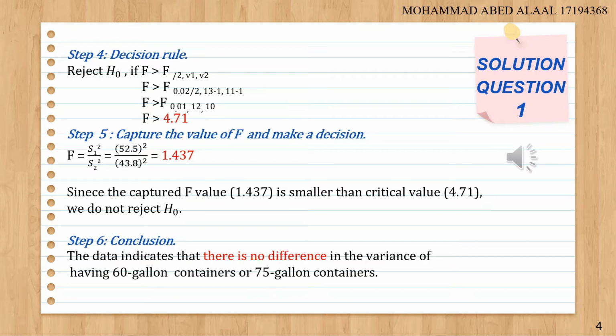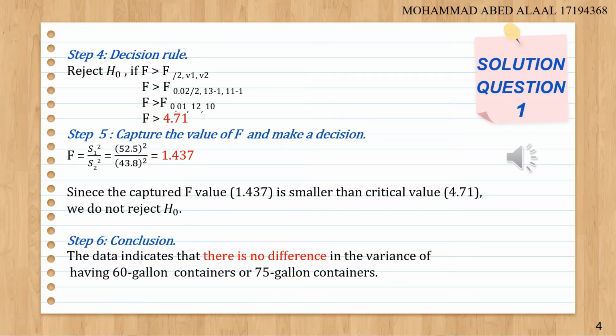Next step, calculating the value of F and making a decision. F equals S sub 1 squared over S sub 2 squared, which is 52.5 squared over 43.8 squared, equal to 1.437.